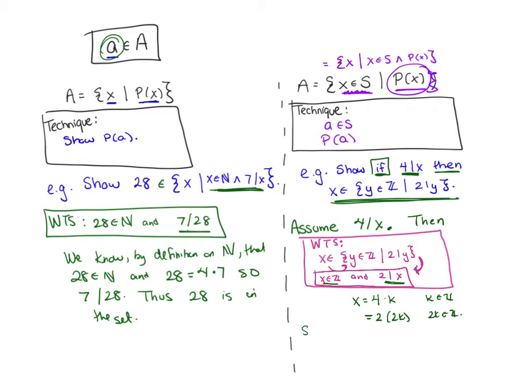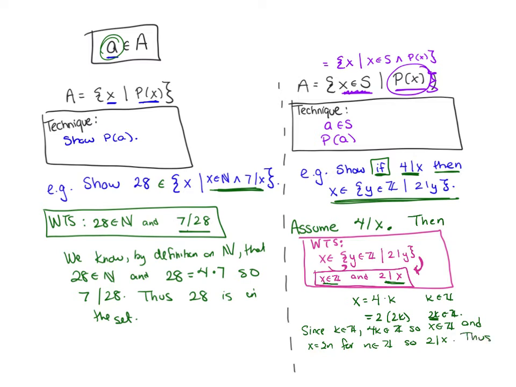So then I can say since k is in Z, 4k is in Z, so x is in Z, and x is equal to 2n for some n in Z, in particular n equals 2k. So 2 divides x.